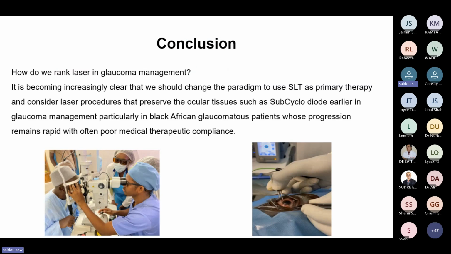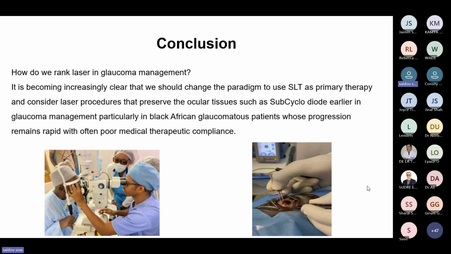So in conclusion, how do we rank laser in glaucoma management? We should ask ourselves this question, because it's becoming increasingly clear that we should change the paradigm of using SLT as a primary therapy.